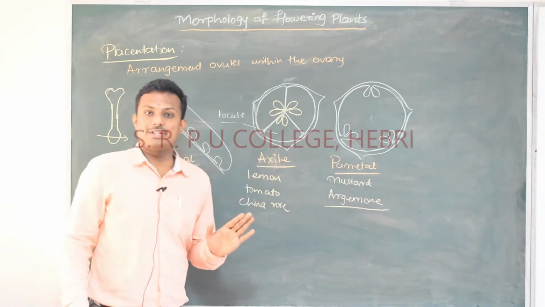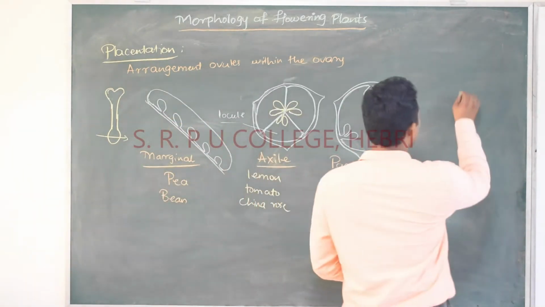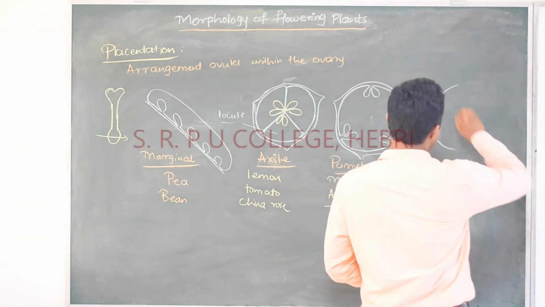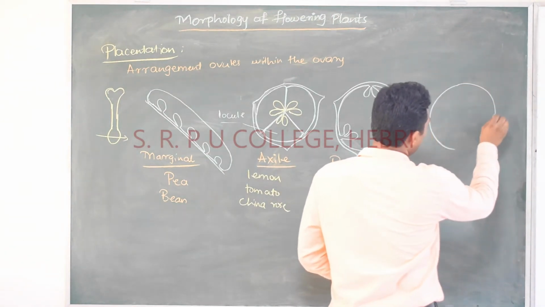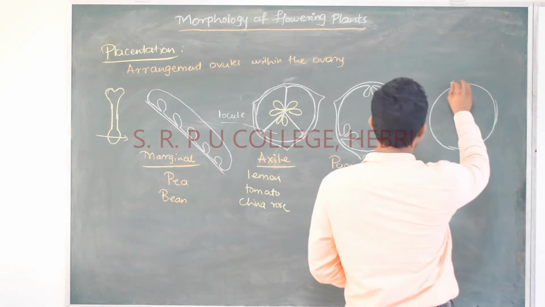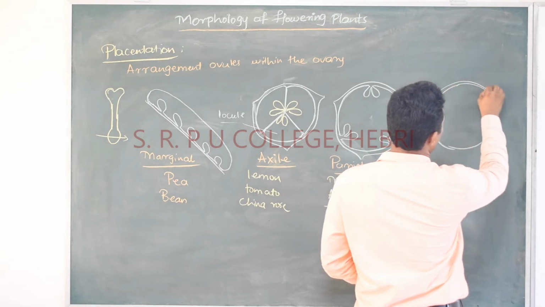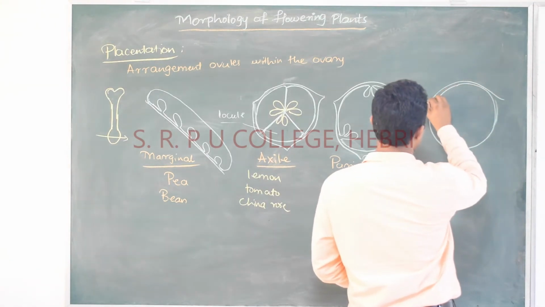After parietal placentation, now we go for the free central placentation. In this free central placentation, you will see the ovules arranged exactly at the center of the ovary.